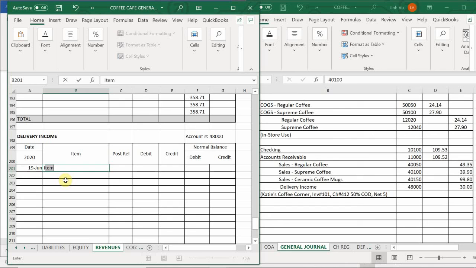All right. This was invoice number 101. How much extra money did we earn? How much was the delivery charge? $30.